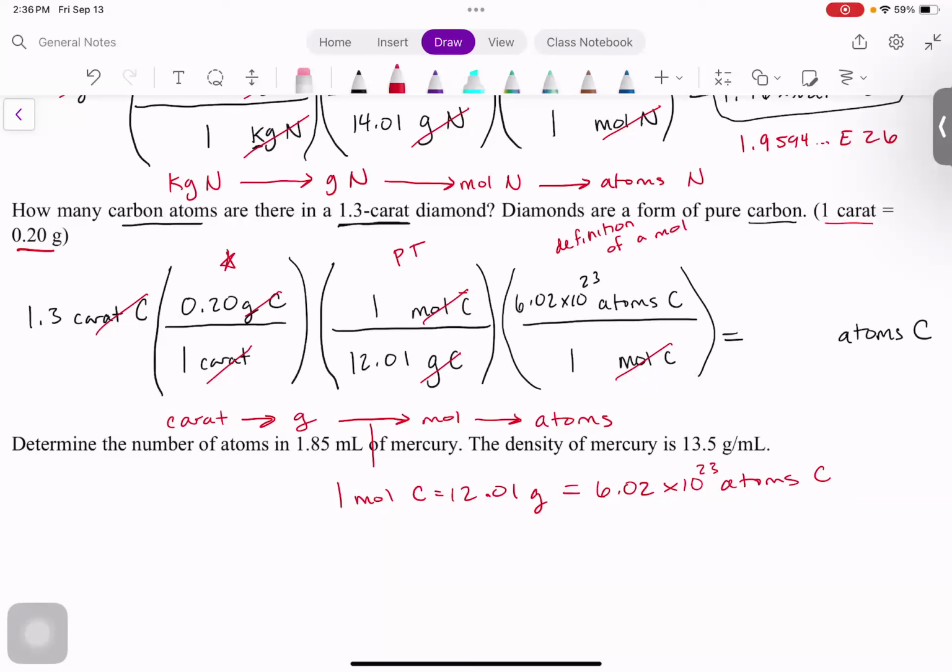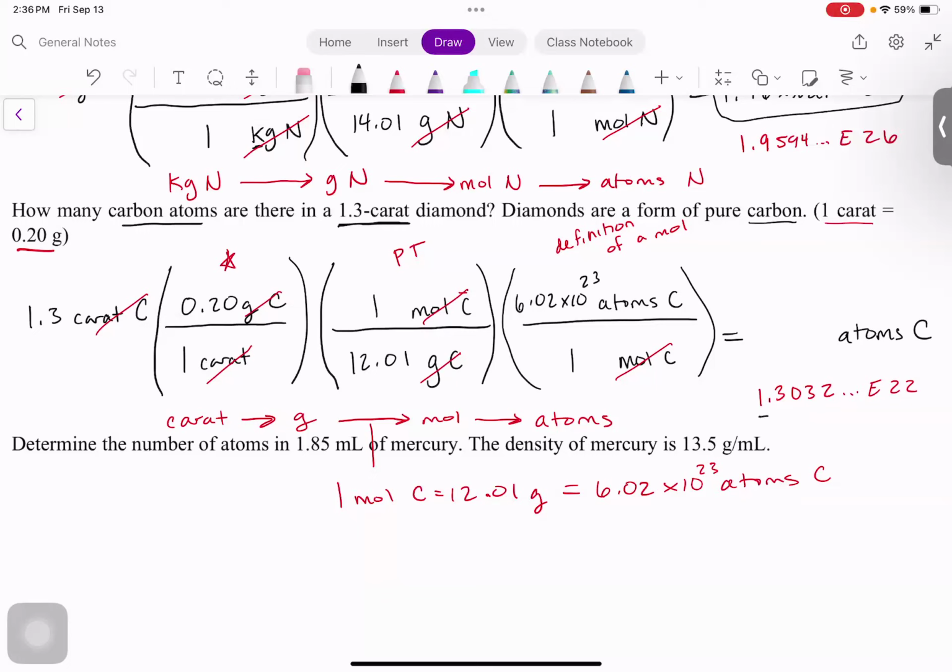So I'm going to take my 1.3 carats, multiply that times 0.2 grams, divide by 12.01 grams, and multiply by 6.02 times 10 to the 23rd. From my calculator, I get a big long number, 1.3032, bunch of other stuff, E22. Can't forget about that E22.